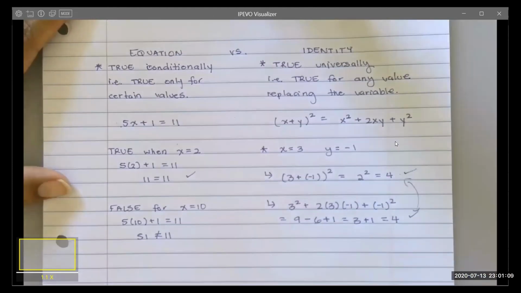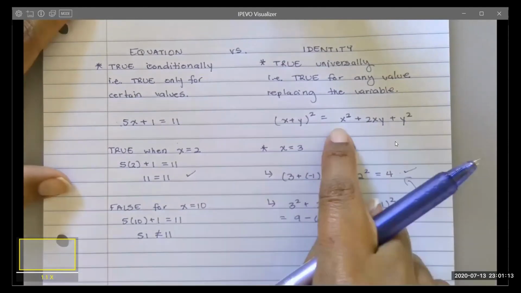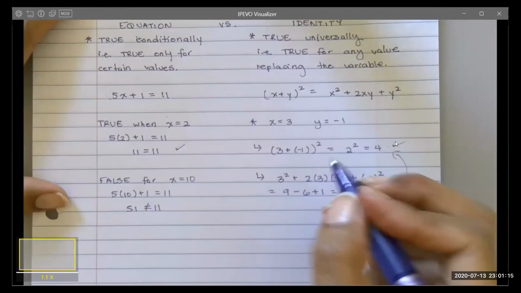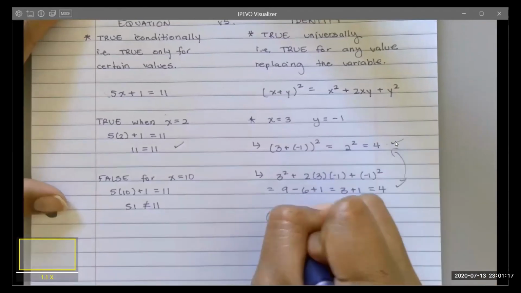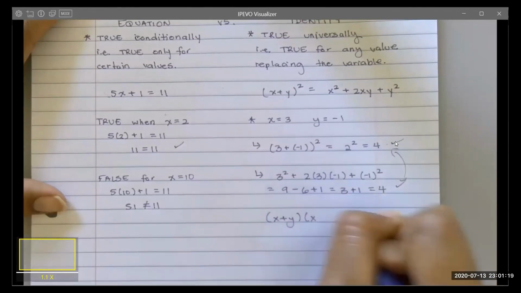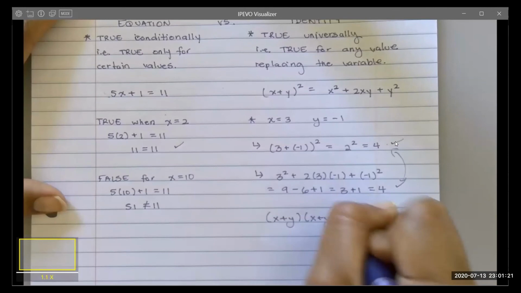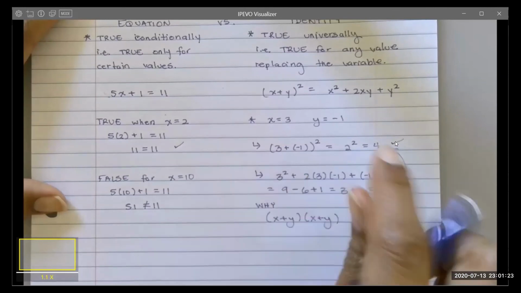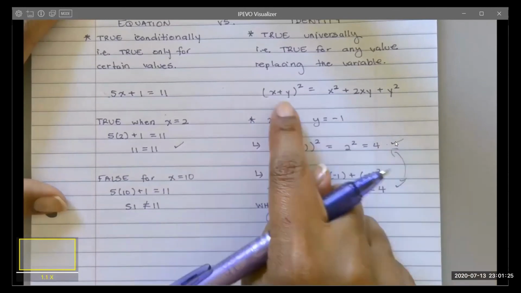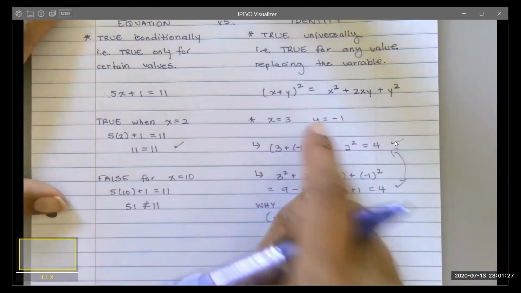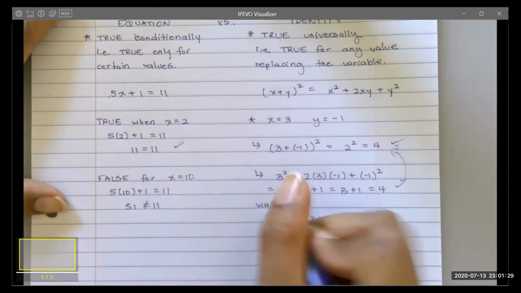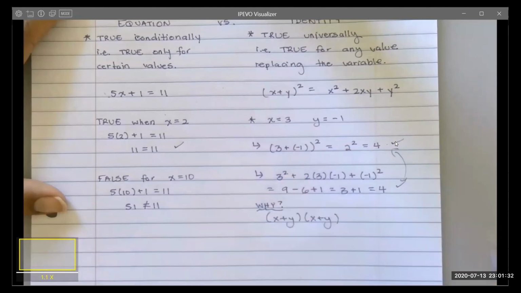Now, why does (x plus y) squared give us x squared plus 2xy plus y squared? Well, that's simply because we distribute, right? Here I only tried 2 examples, so that doesn't completely prove the identity. It just proves that it's true for these 2 values. If we're saying it's an identity, why is it true universally?